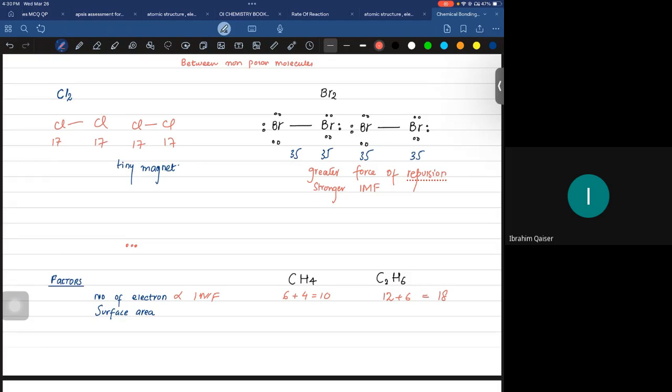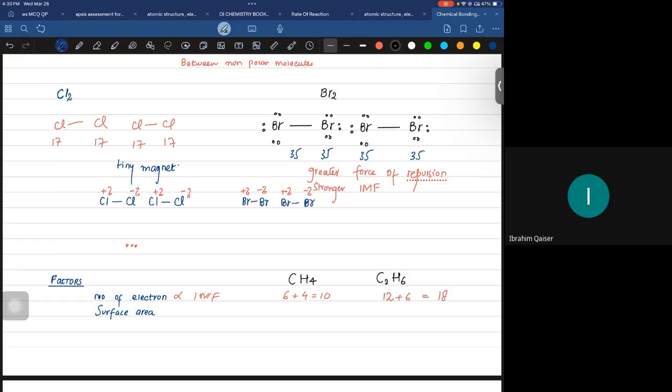Sir, but repulsions repel, right? How are you going to have stronger repulsion? Look, chlorine, Cl-Cl, and Cl-Cl: partial negative, partial positive, partial negative, partial positive. And in the same way, if you have this bromine, partial positive, partial negative, partial positive, partial negative.